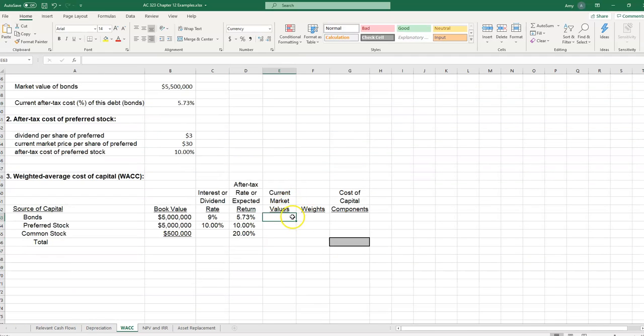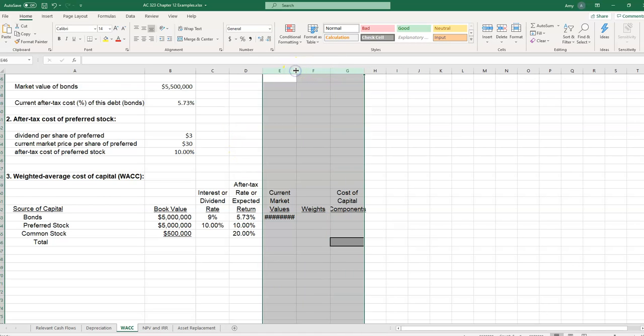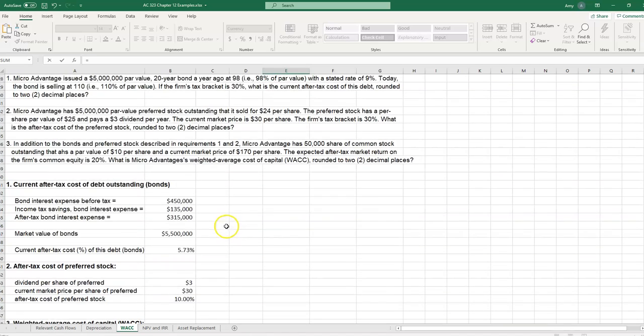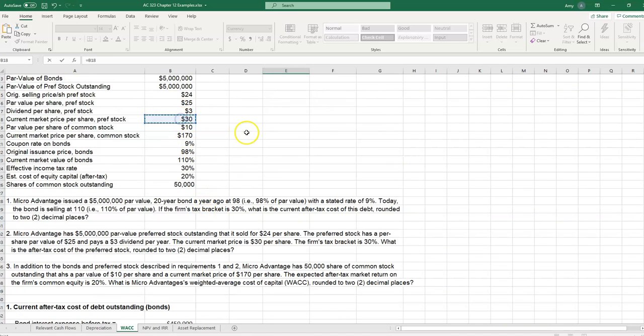Then we need the current market values of our bonds, preferred stock, and common stock. The current market value of our bonds we calculated is $5.5 million. The current market value of our preferred stock is the current market price, so our current market price, $30, times the number of outstanding shares.